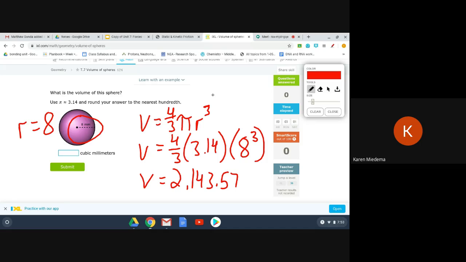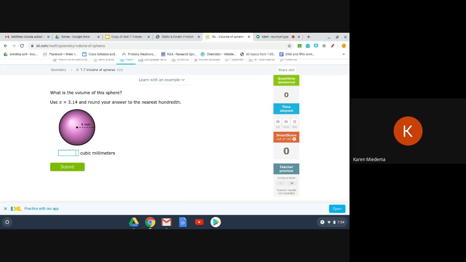It says to round to the nearest hundredth. So remember, that's two numbers after decimal. So two numbers after decimal, so 57. 2,143.57.